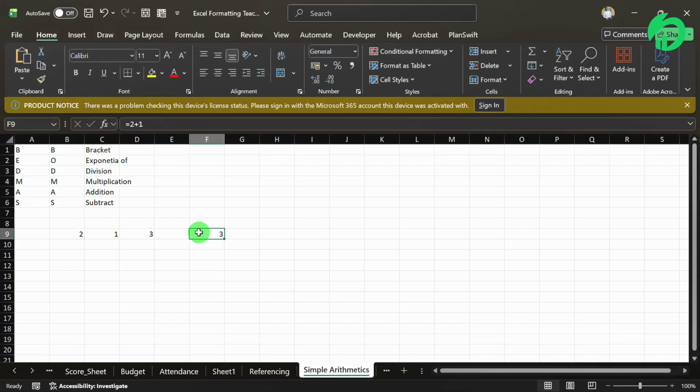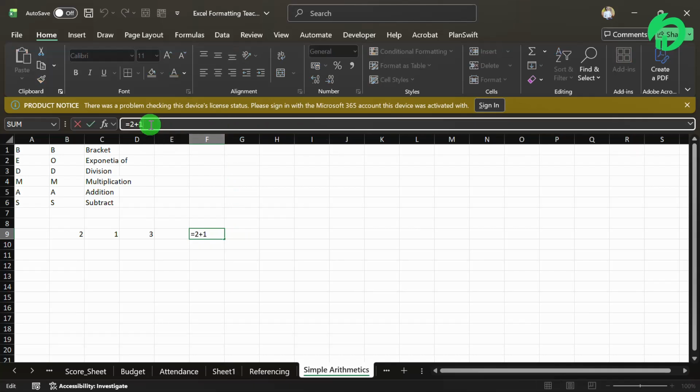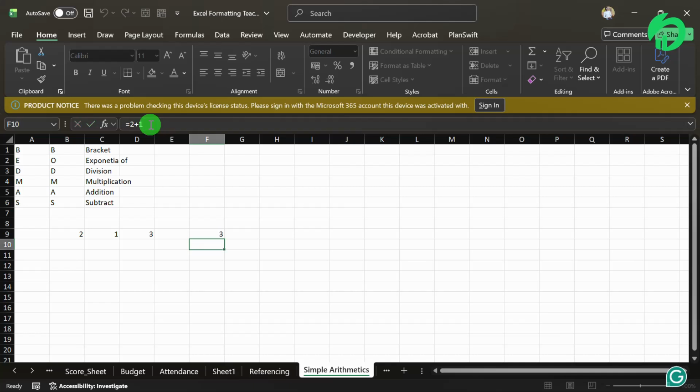Now, it is worth noting that over here in our cell, we have our final result. Our formula bar that we have up here houses our formula. So no matter the formula that we are working with, the cell will only give us the final output.